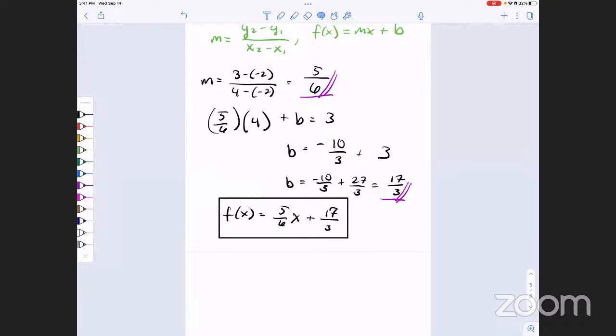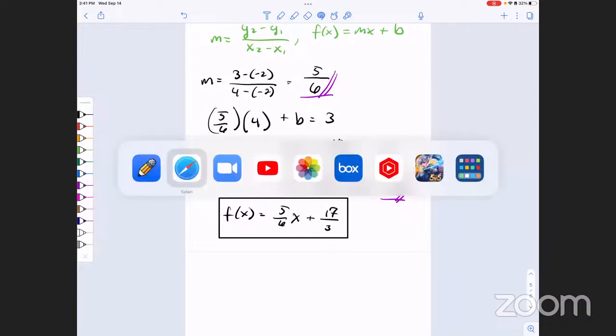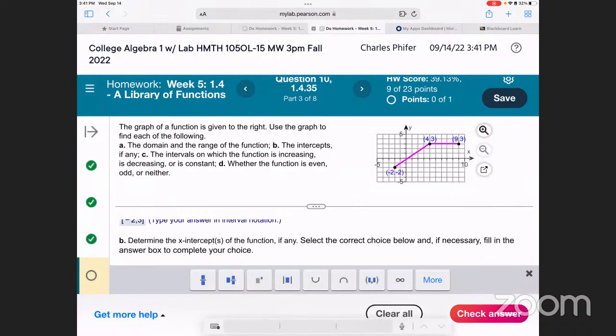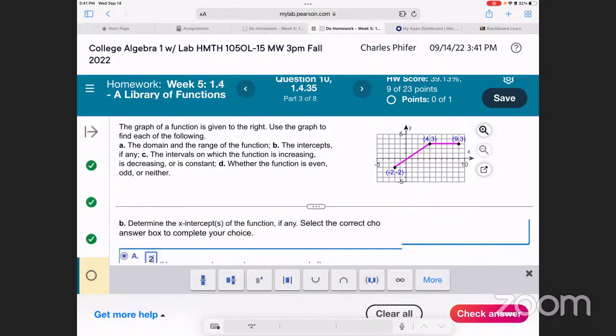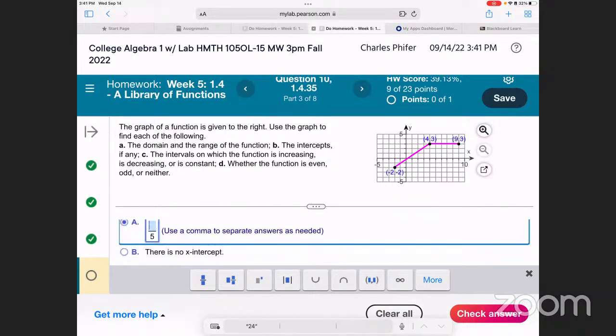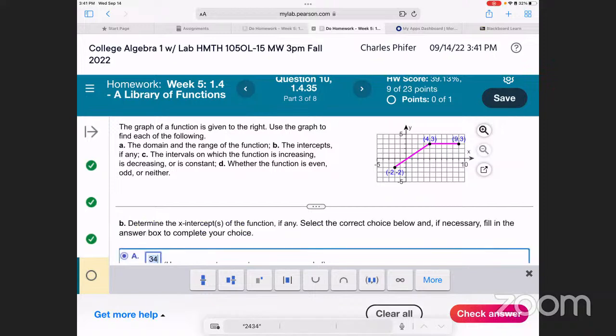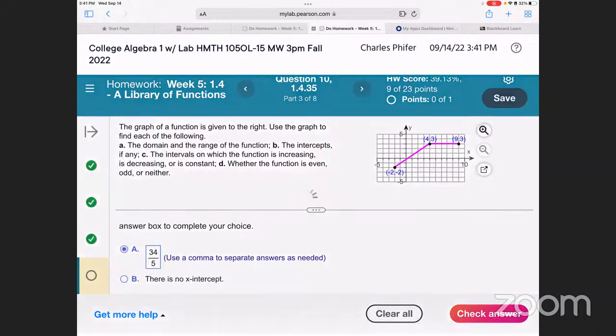Okay, let's try 34 over 5. Let's see if that works. Better get it wrong. Let me check one more time.